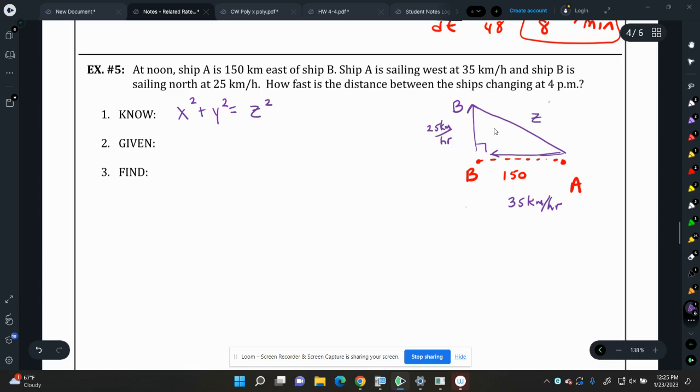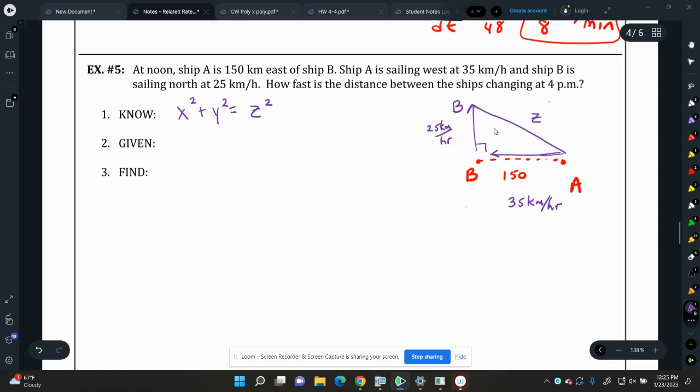So in 4 hours, 4 times 35 is 140. So if he starts 150 kilometers away and he travels 140 kilometers west, then what's the length of side x? 10, right. x equals 150 minus 140. So x equals 10.